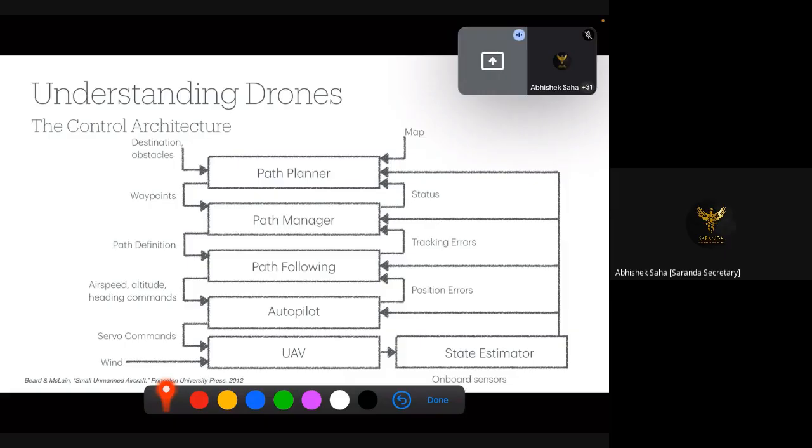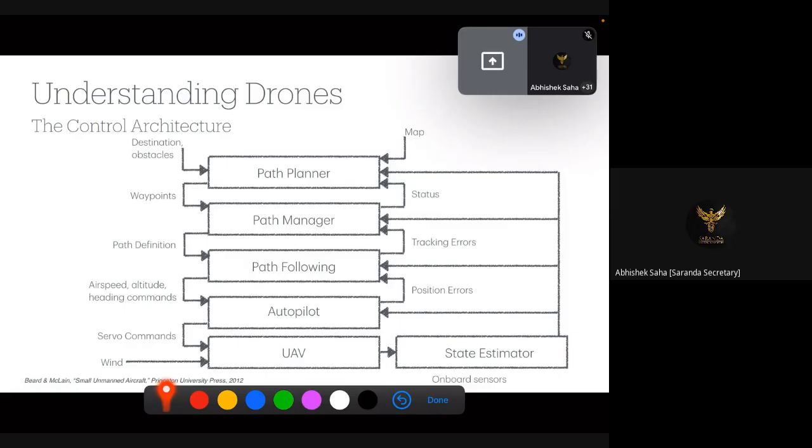What does a path planner do? It sees the destination, it sees the map, and depending on the destination, map and the existing obstacles, it tries to fit in a path so that the UAV can go through different positions and attitudes, so as to go from a start position to the goal position. So the path planner plans the entire path either with the help of waypoints or with the help of a curve, which eventually goes to the path manager.